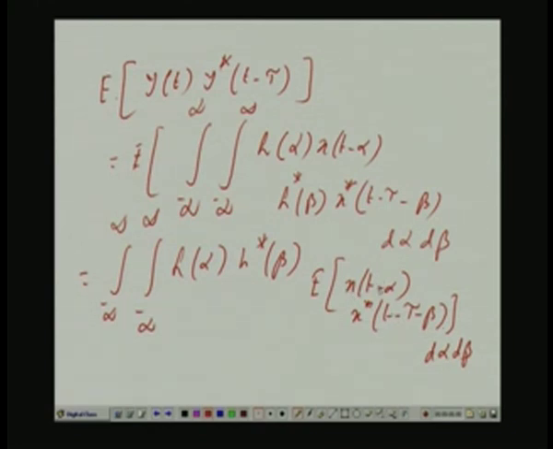Only on the lag between t minus alpha on one hand and t minus tau minus beta on the other. If you take the difference between them, t goes. So, this quantity is nothing but r x x of tau plus beta minus alpha, and beta and alpha disappear after you integrate. So, everything becomes a function of tau alone, which means the output autocorrelation also is a function of the lag tau. So, it is stationary with respect to correlation also. That means the output also is WSS.